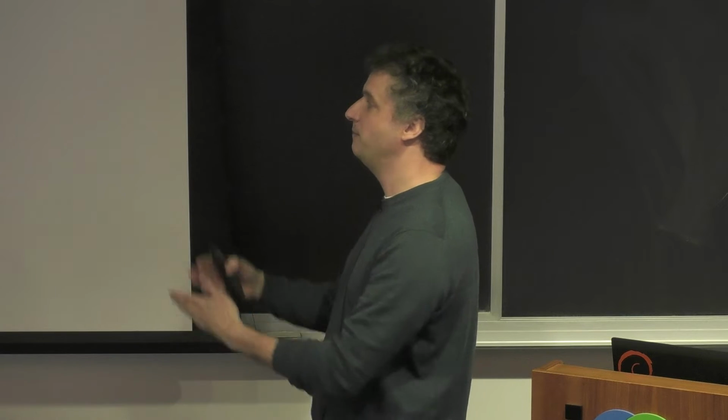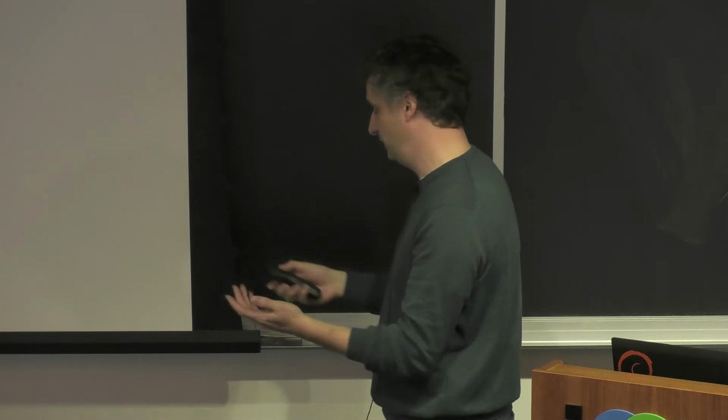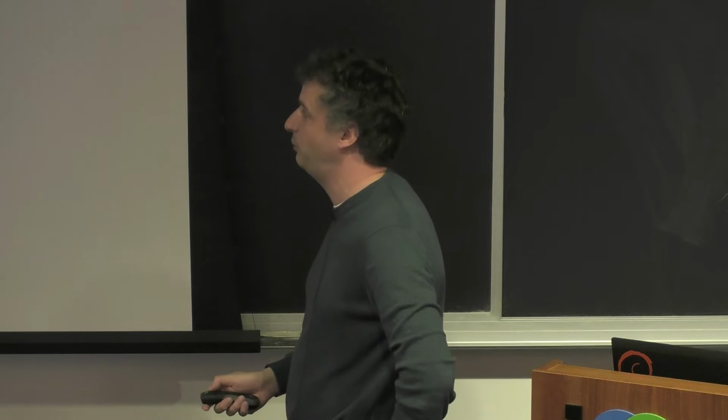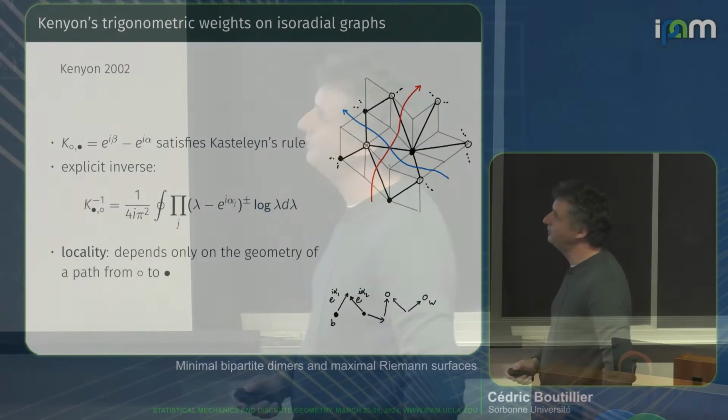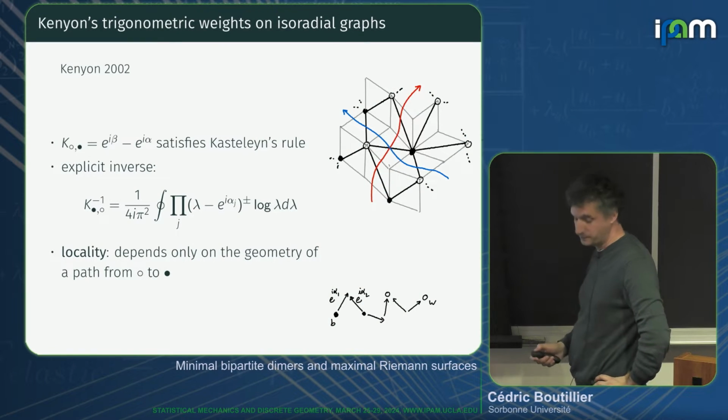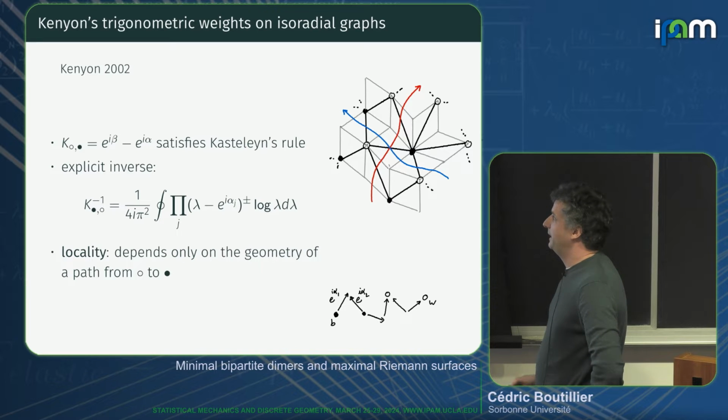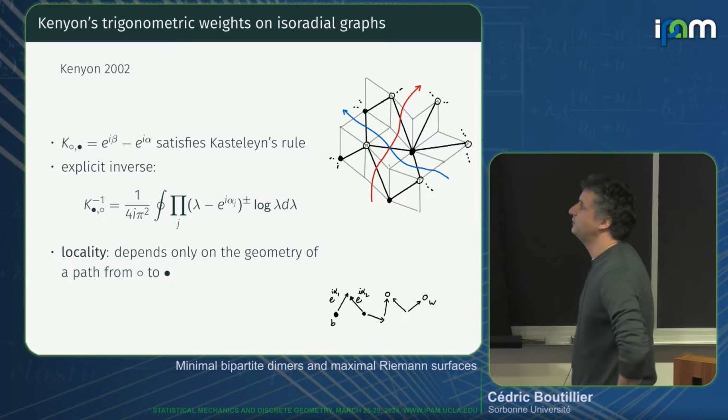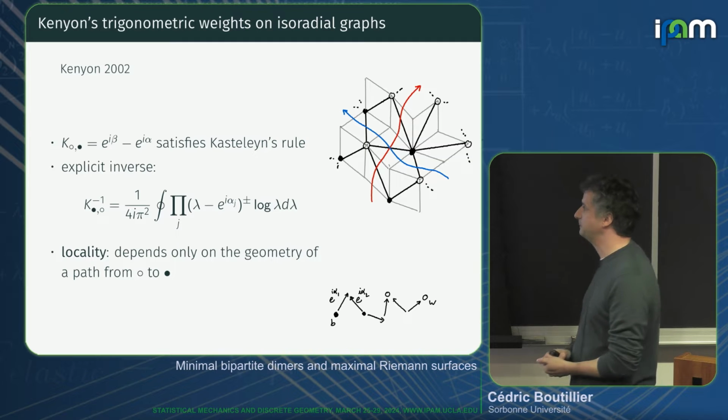Can you define a measure in infinite volume with these inverse operators? So there was one example that was known by Kenyon in 2002, which is the case of isoradial graphs.